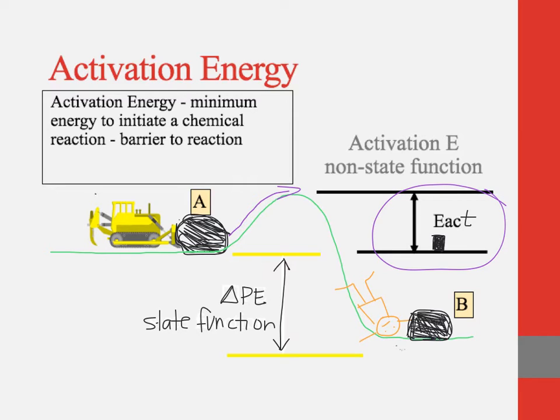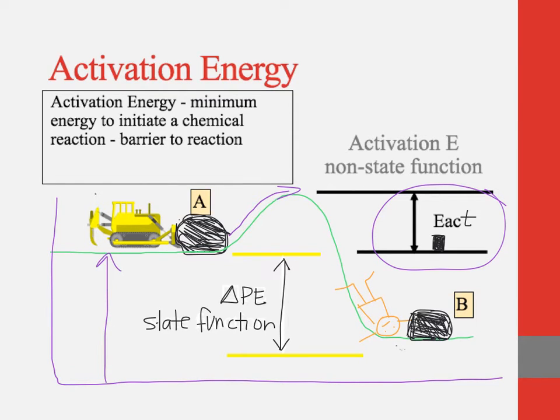To review a couple of things from last year, remember that from the baseline to here is the potential energy of the reactants. Okay? And from the baseline to here is our potential energy of the products.